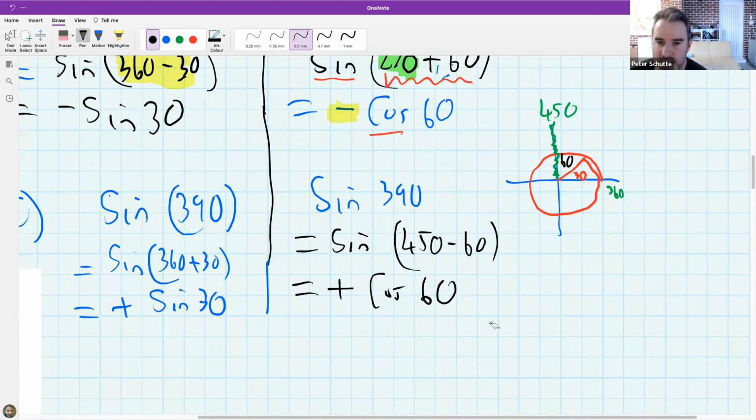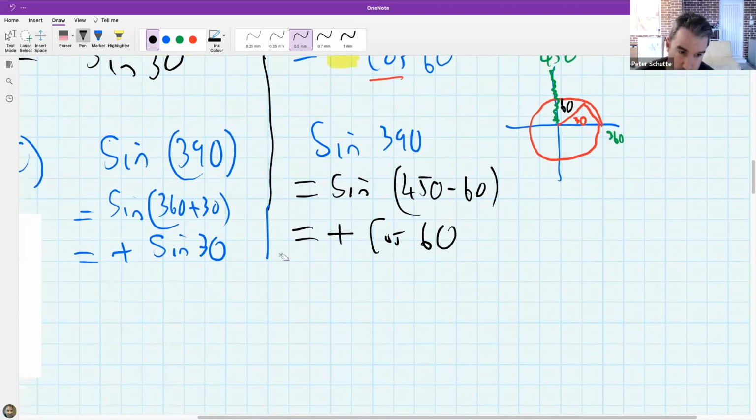Perfect. How did we get 450? I was just saying, where was the nearest vertical? And the nearest vertical axis was just going to be 450. However, I'll show you this other way. If you want to reduce something, you can always subtract 360 from it.